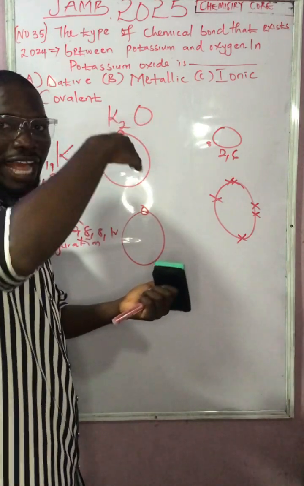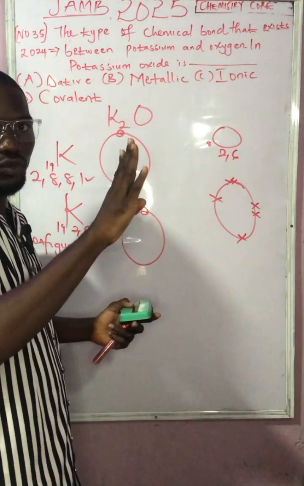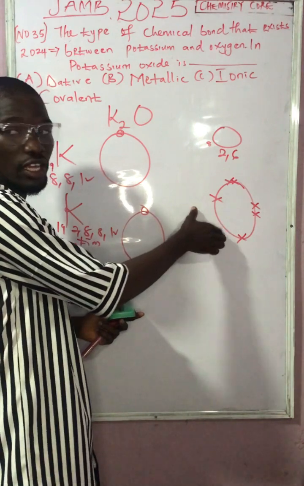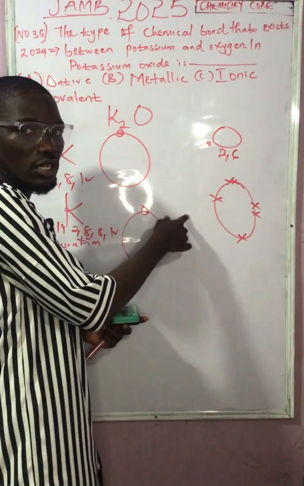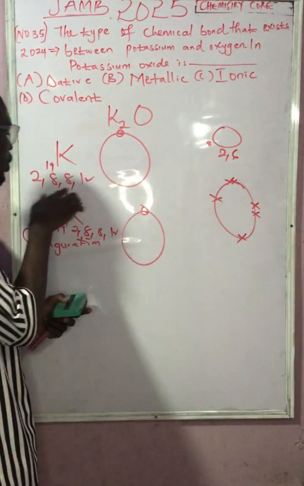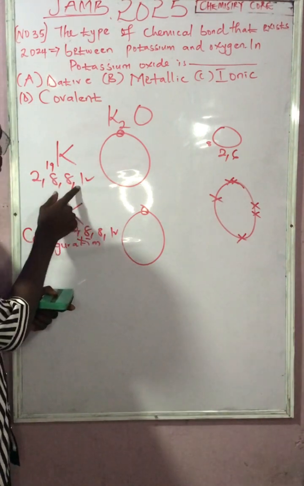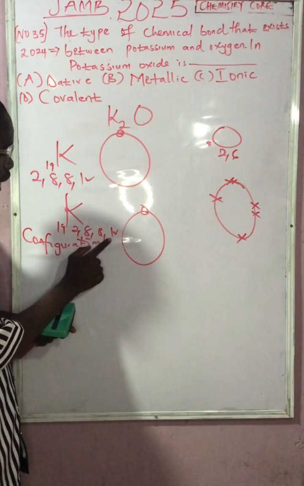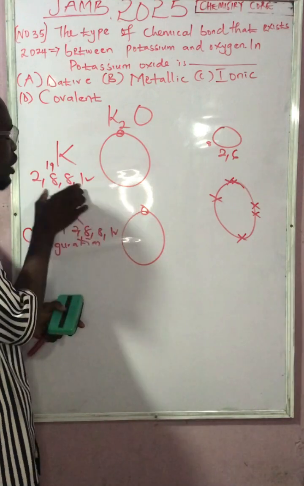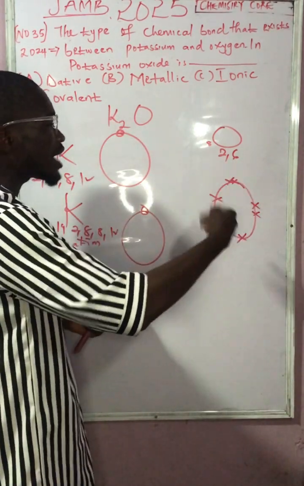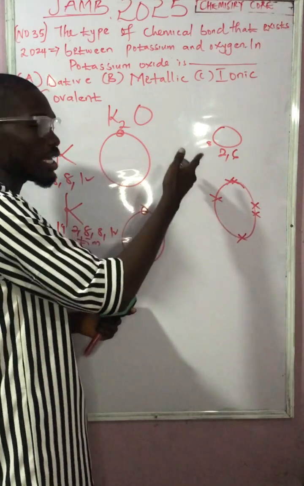And that word octet is what, guys? 8. So oxygen needs 2 more electrons here to attain its octet state. And with that, this potassium here will also attain the octet state because we're having 1 electron here, 1 electron here. So donating the 2 electrons from these 2 potassium here to this 1 oxygen here will as well make this oxygen attain its octet state.